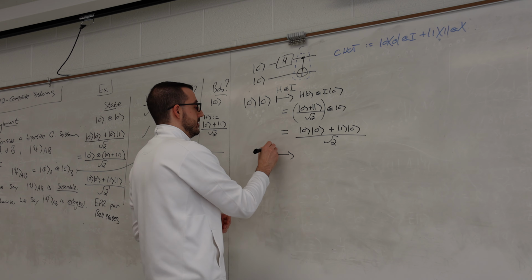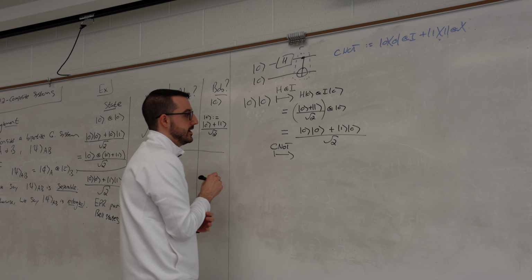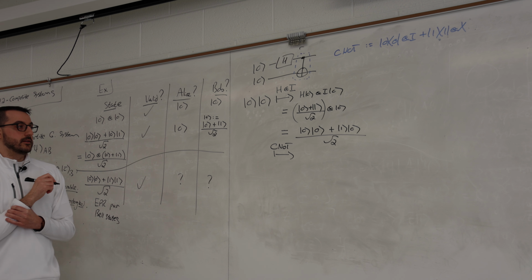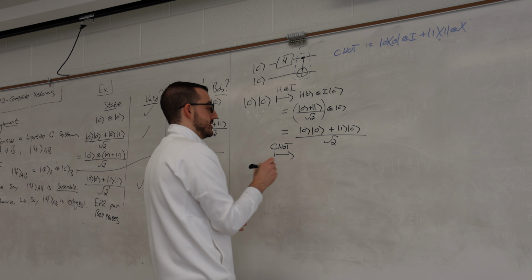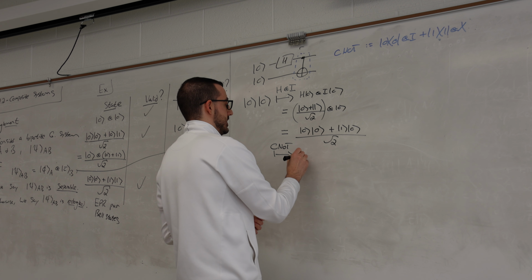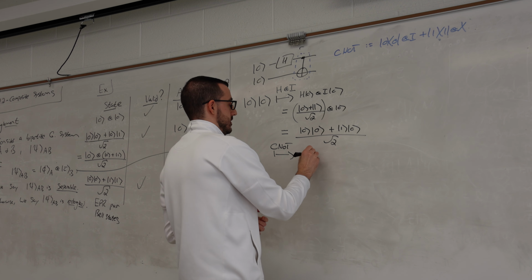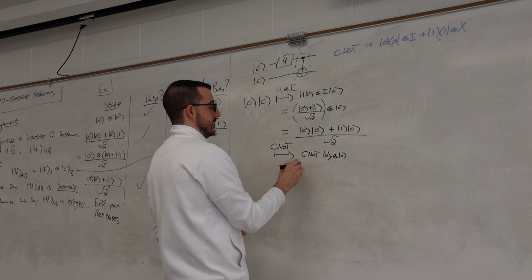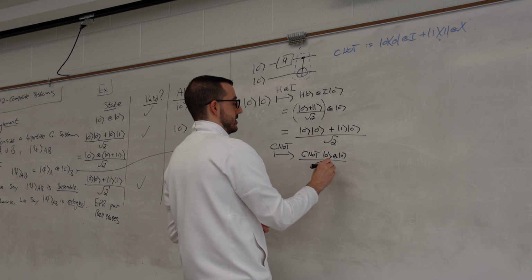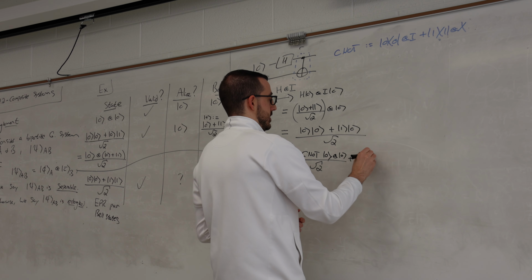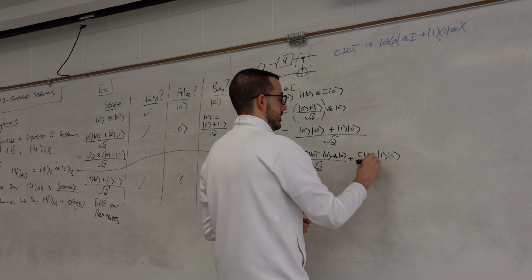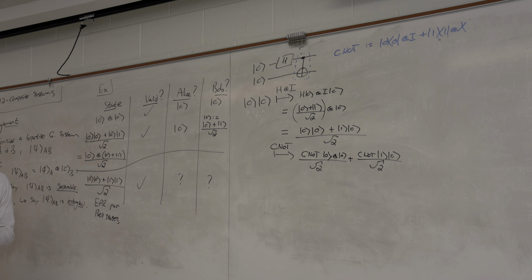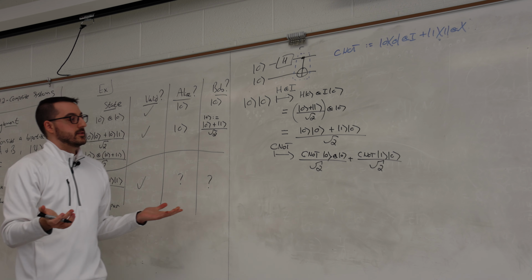Now I'm going to put an arrow, and I'm going to apply the CNOT gate. We're going to use several of our principles here. The first one is going to be linearity. So I'm going to do CNOT to the first term, 0, 0. Let me put back in the tensor products to be very clear. And then it's going to be over square root of 2 plus CNOT applied to 1, 0 over the square root of 2. Now I'm just going to use this definition.